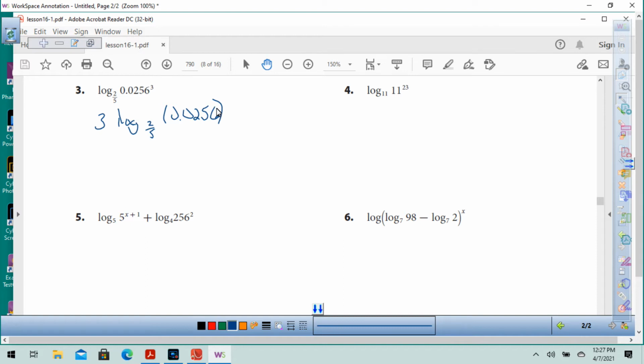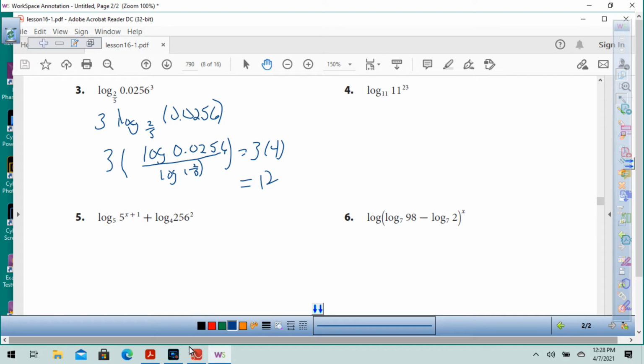And what I can do here is say 3 times log of 0.0256 over log of 2/5, and that's going to give me 3 times 4, which is 12.